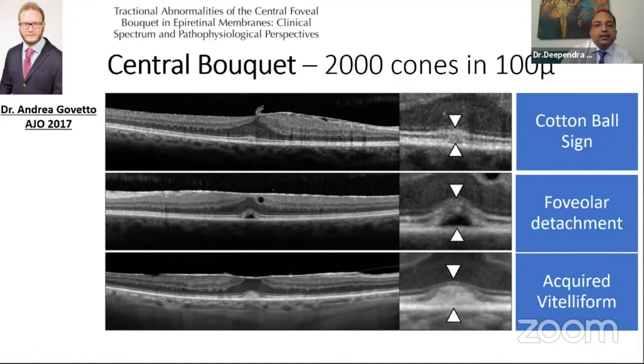So these are all 3 very minor OCT findings at the foveola, which again can help us. We are still not sure of the prognostic importance and relevance of these findings, but I'm sure they'll be taken up by more classifying systems.